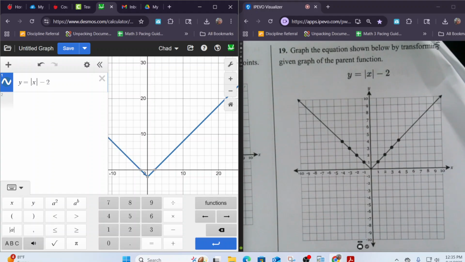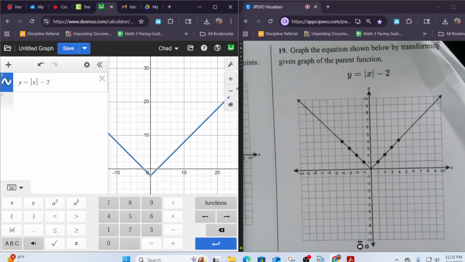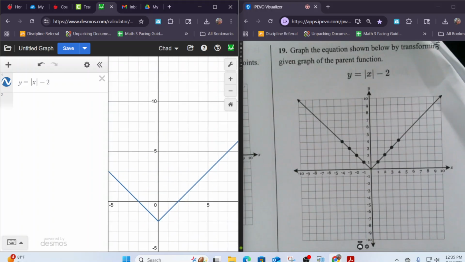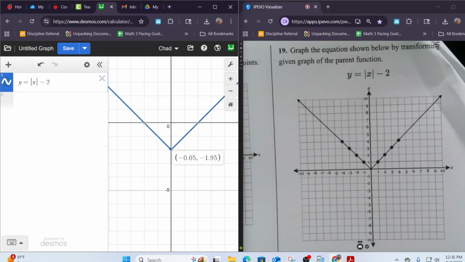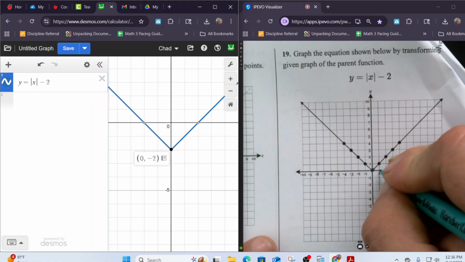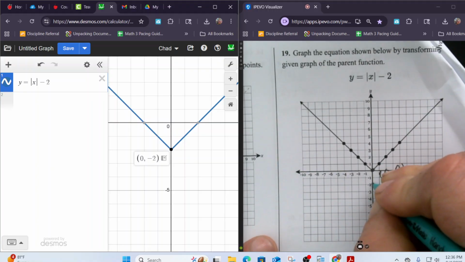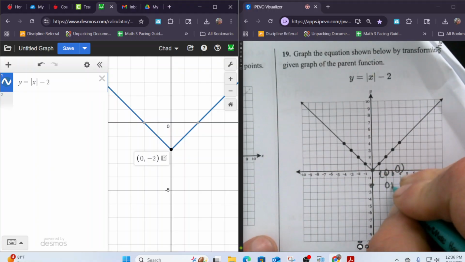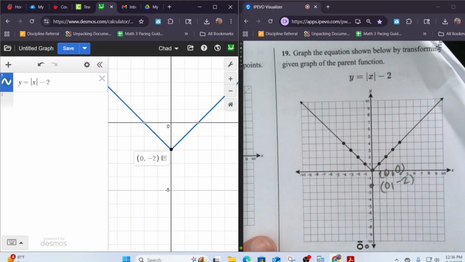Now guys, remember, unless you have an A value out here, which I don't think you'll have, it won't change the slope of your lines. Okay? The only thing it did, look at your vertex. My vertex went from 0, 0 to now it's at 0, -2, right?